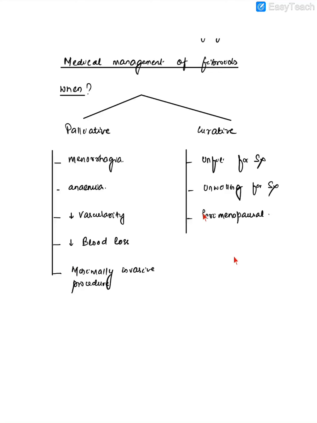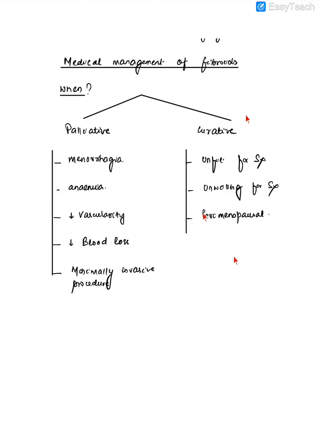If we give medical management, sometimes we can reduce the size of a big fibroid into a small one, so it helps to avoid a big vertical incision, and we can opt for a small transverse incision, and even avoid laparotomy and go for laparoscopy if we are reducing the size of the fibroid. So this is where palliative cure works.